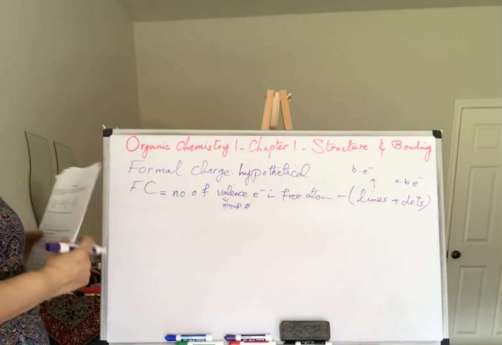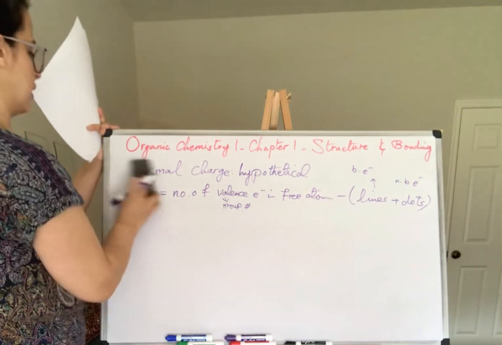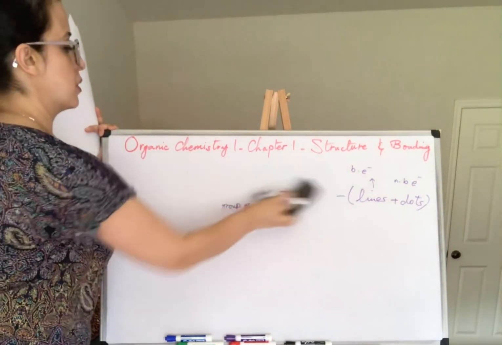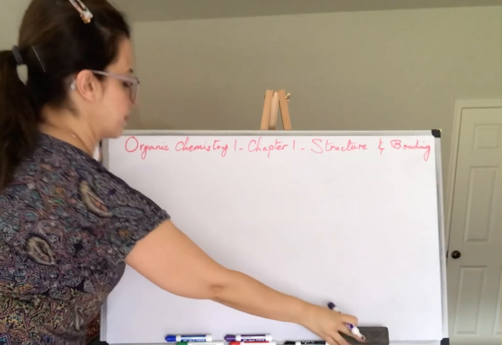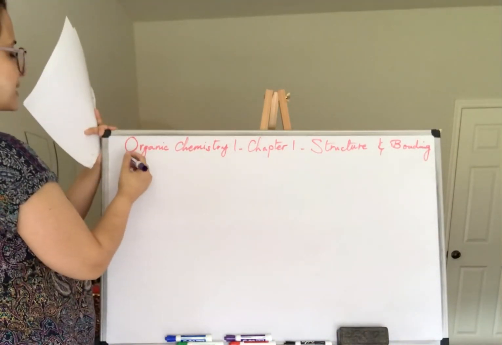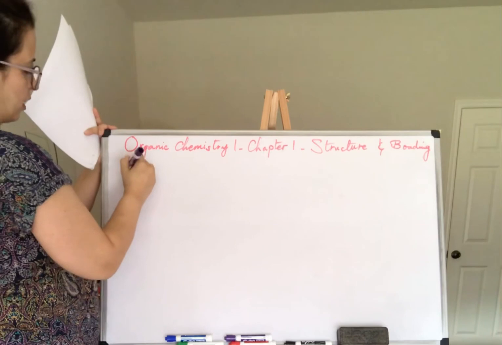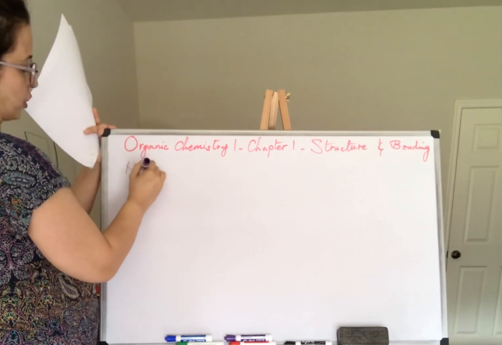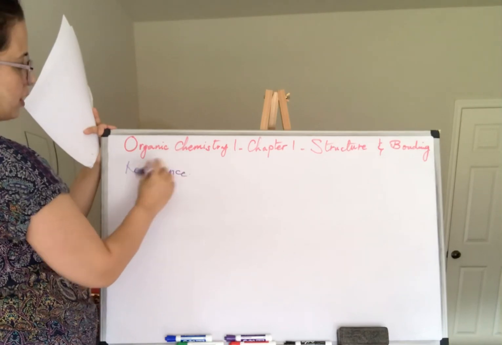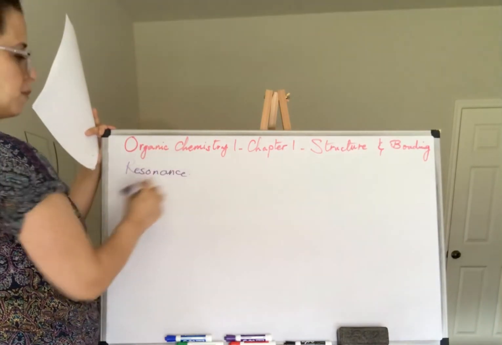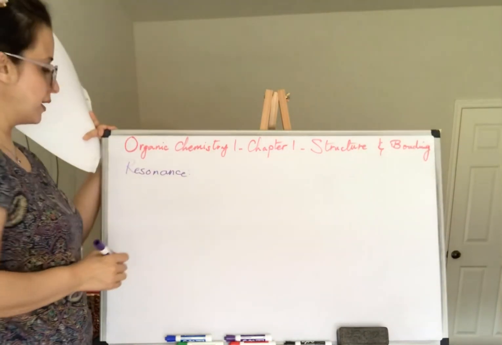Let's talk about resonance at this point. It's a small board, I have to make some room each time. All right, so let's say we talk about resonance. Do you remember resonance from General Chemistry 1?